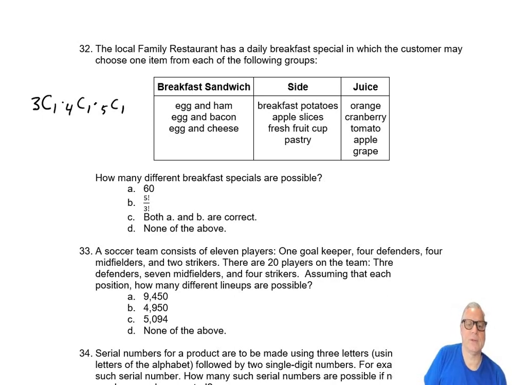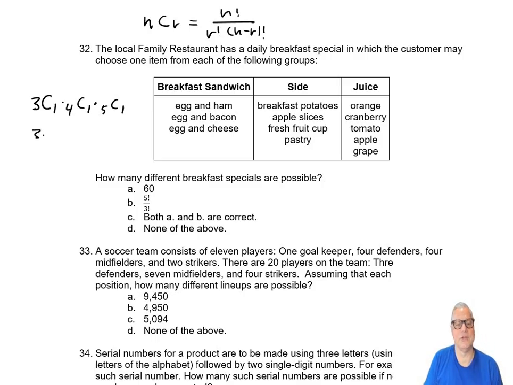So times 5 choose 1. Well, the formula for combinations is nCr equals n factorial over r factorial times (n minus r) factorial. This just becomes 3, because if it's 1 to choose from, the only thing that's left is the n.